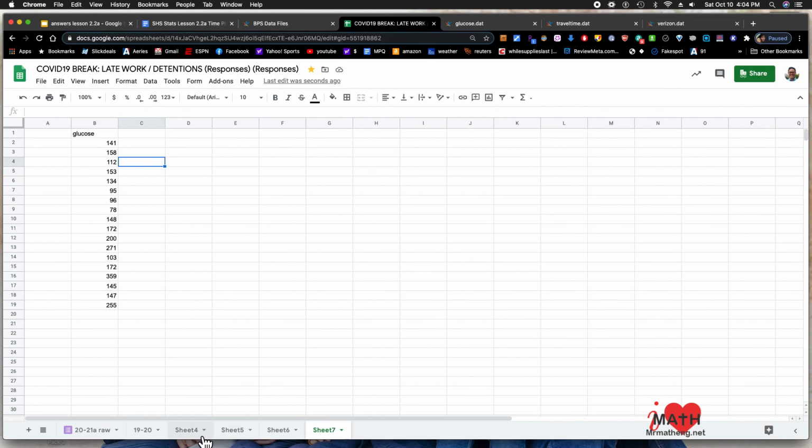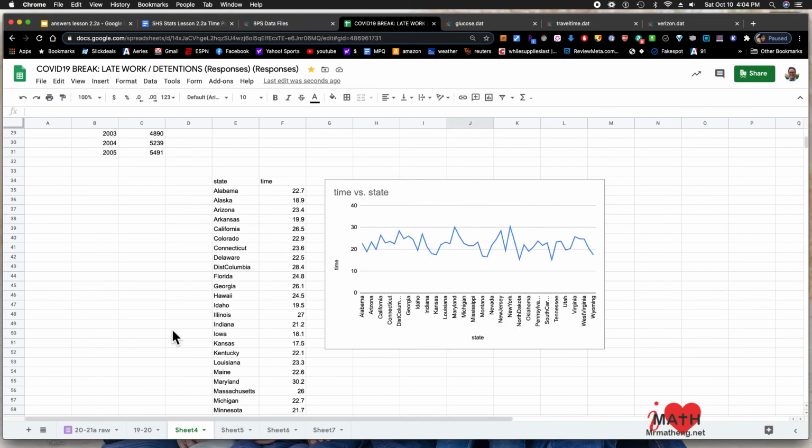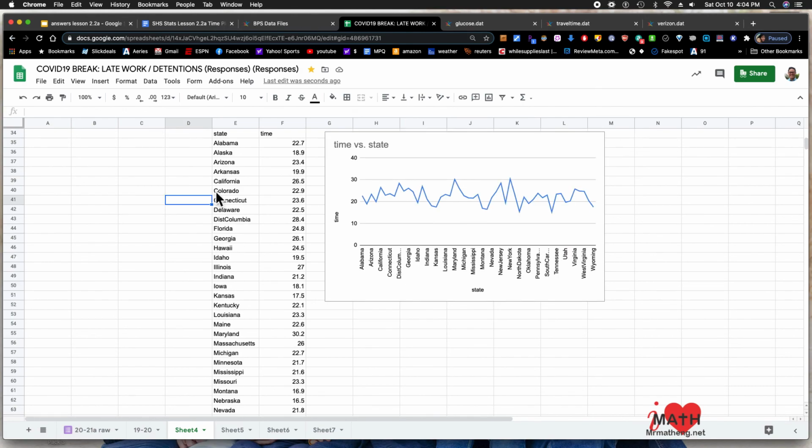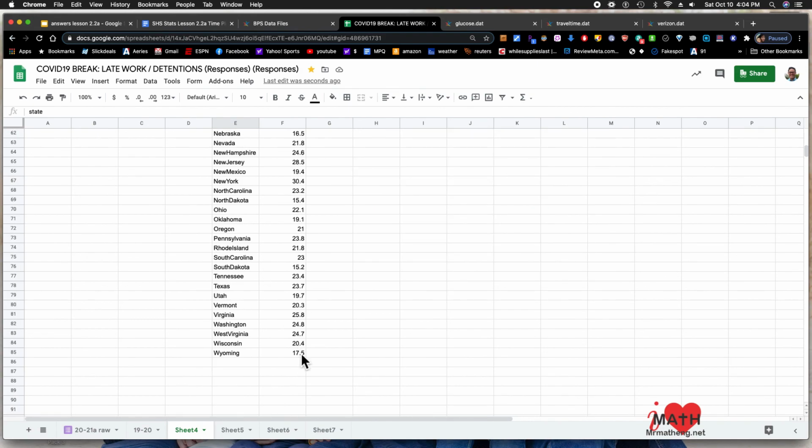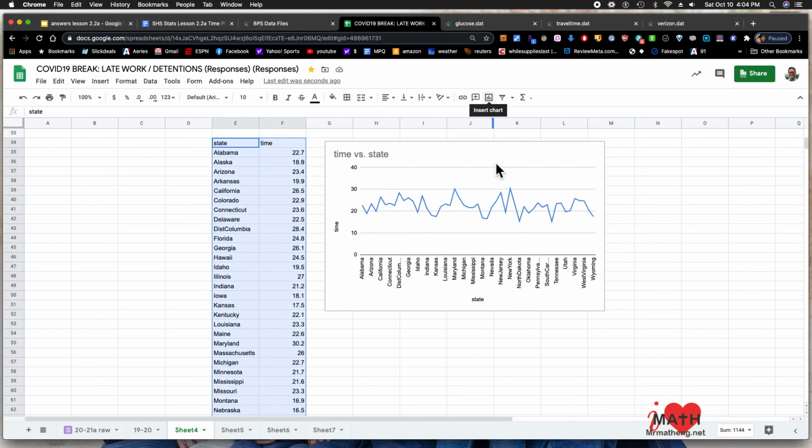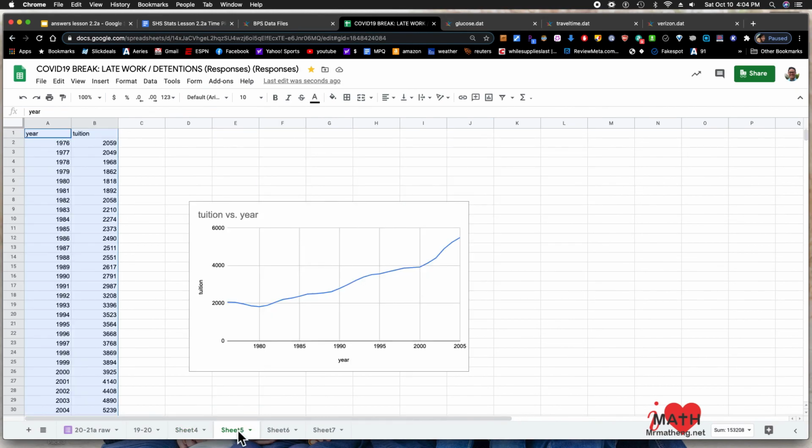I just wanted to show you guys. Okay, this one's by state. Again, you can just use Control A. Just paste it, and you have it highlighted. Again, click on it, press Shift, and then you click on that one. And this is my time versus state. I just showed that one, tuition.